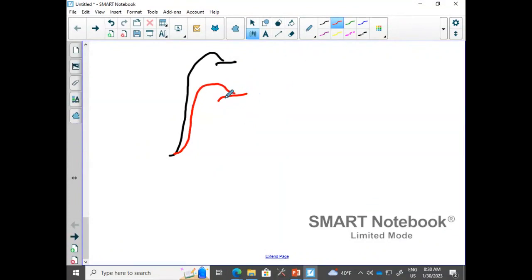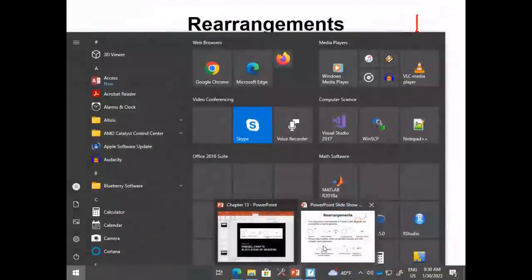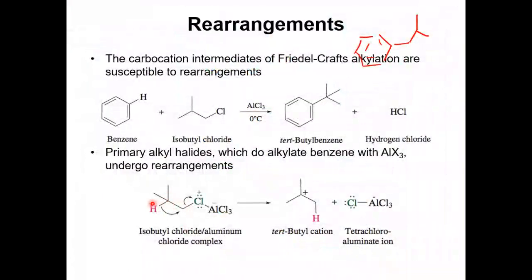So the red pathway is like the one we're showing here. This complex will undergo a hydride shift. It happens in one step.